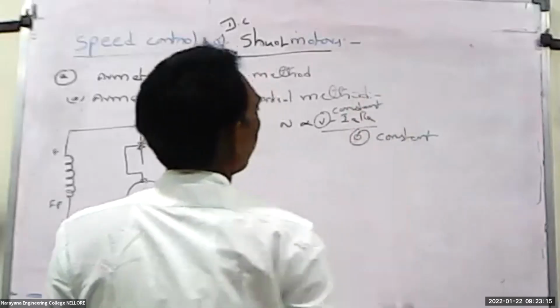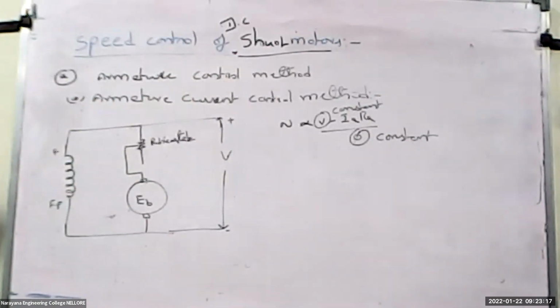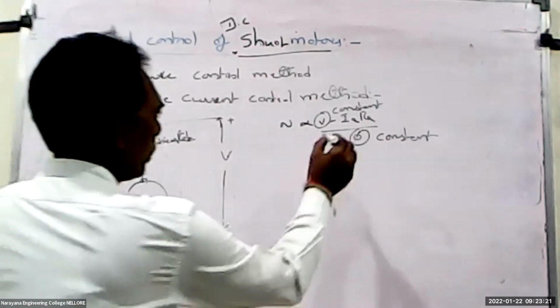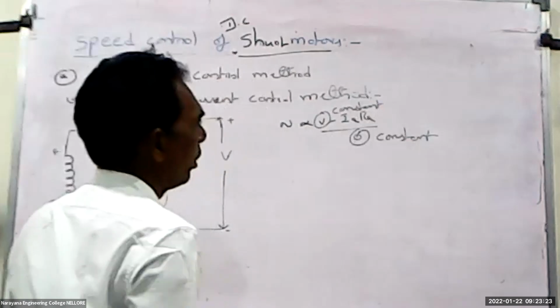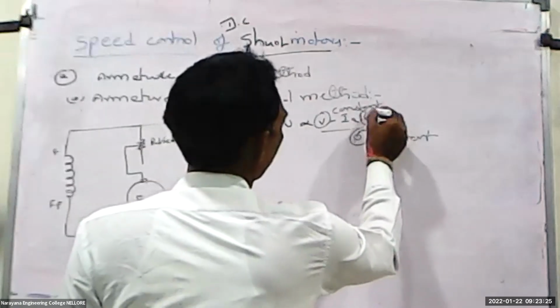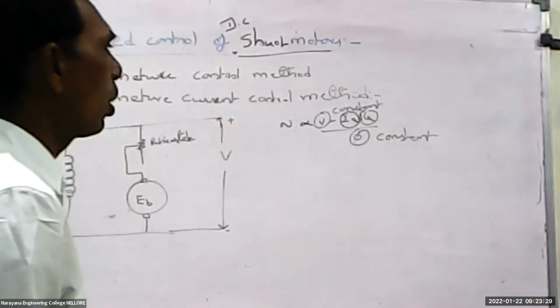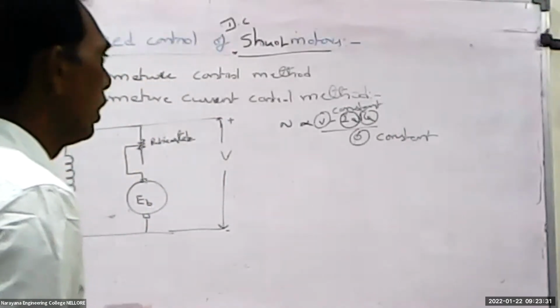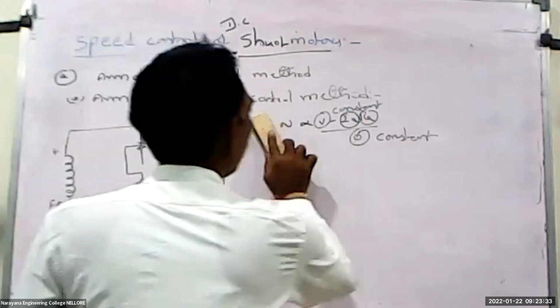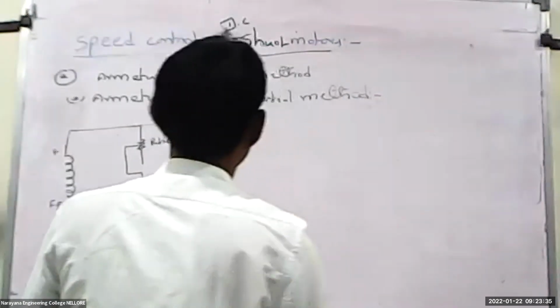That means if you want to use any method, the remaining two are considered constant. So it is minus IaRa. Here Ra is fixed, so only by changing the value of Ia do we control the speed of the DC motor. So this is called the armature current control method.